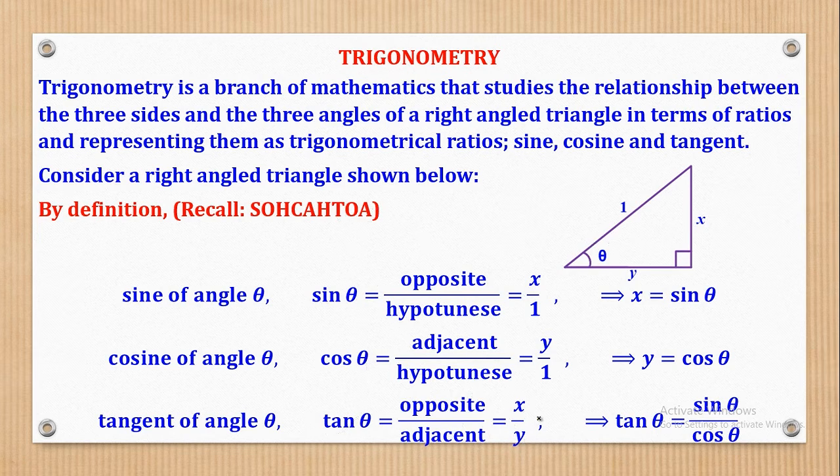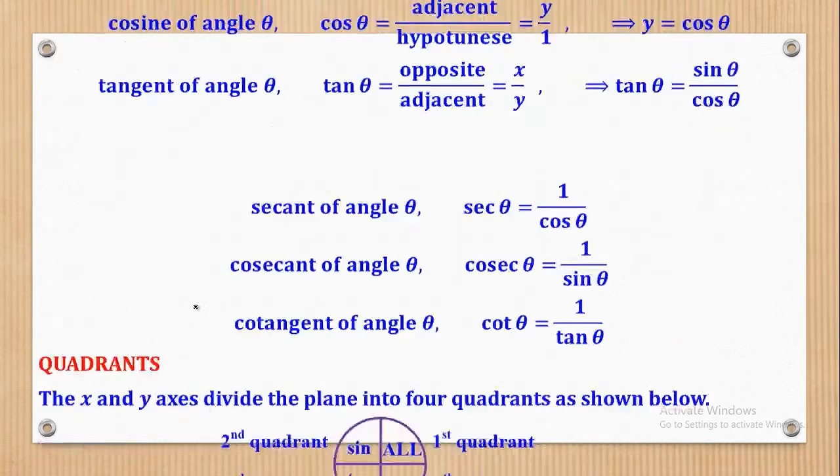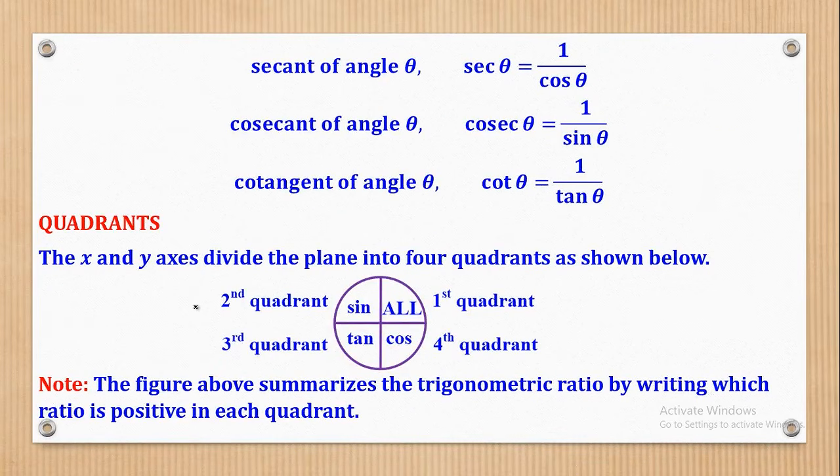Now you see that this x is sine theta and this y is cos theta, and that gives us a formula for tan: tan theta is equal to sine theta over cos theta. So tan of an angle is equal to sine of an angle divided by cos of that very angle. Always remember that. That was a review from O-level.